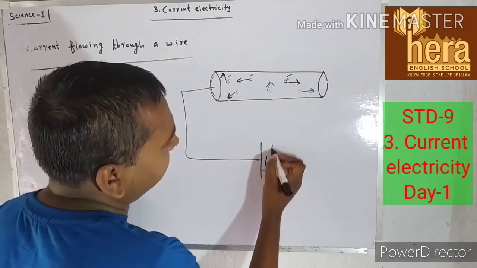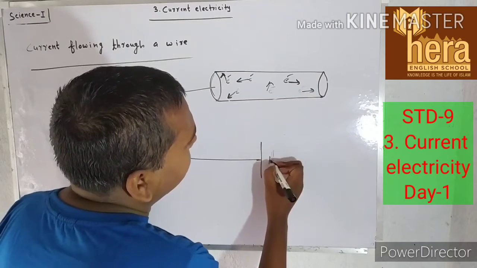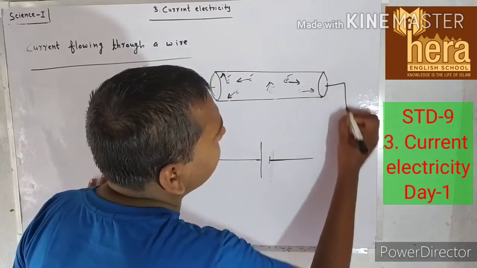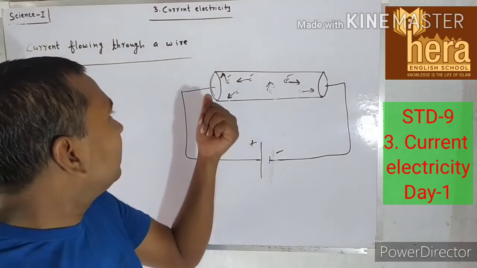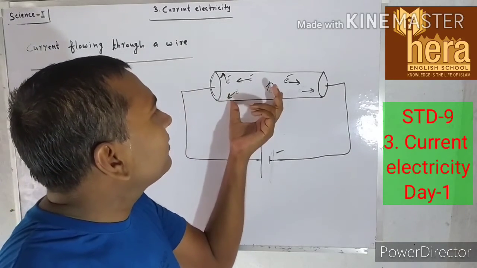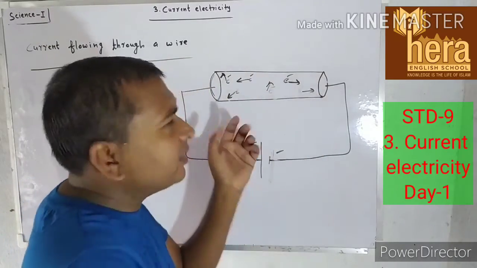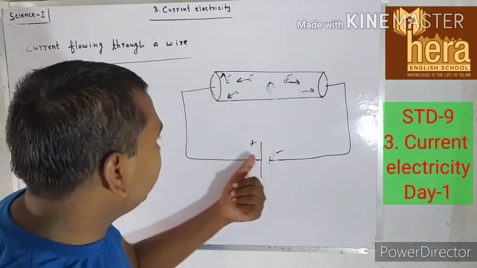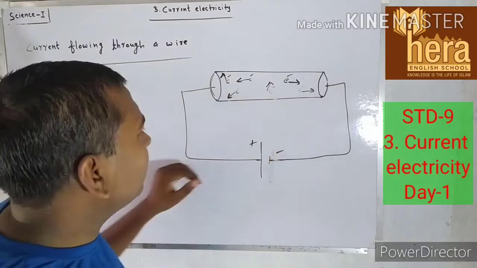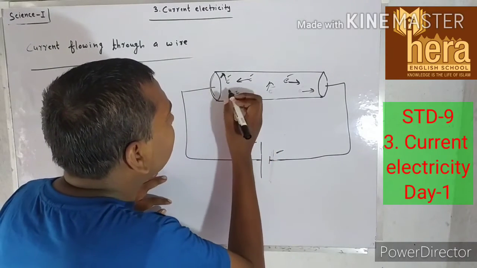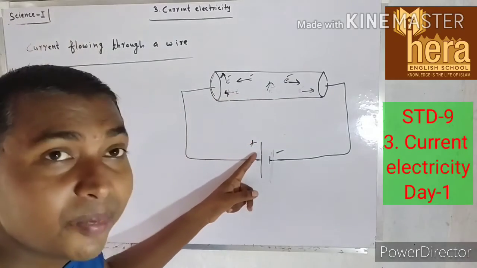this is a battery or cell. If you take one, it is a cell. This is plus, this is minus. If you apply a potential difference across the conductor, this is the positive terminal and electrons are negative in nature, so the electrons will move in this direction, because the positive terminal will attract electrons.